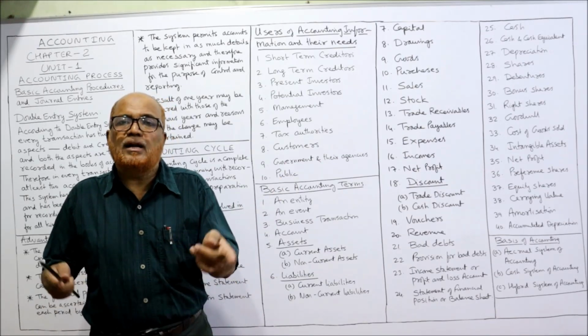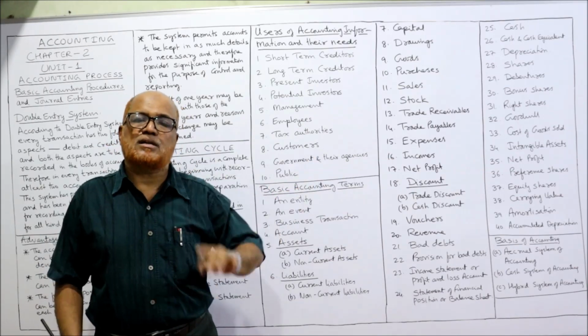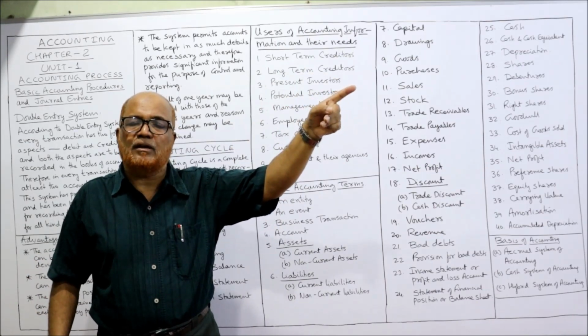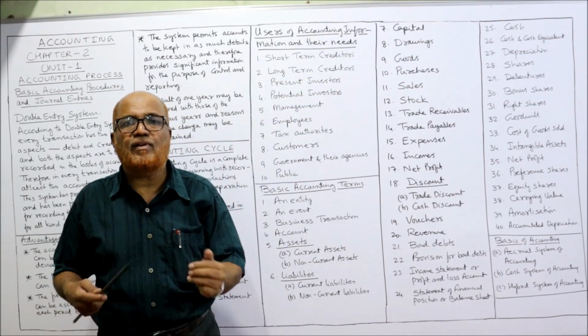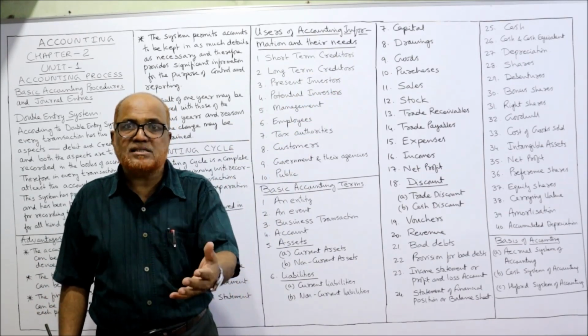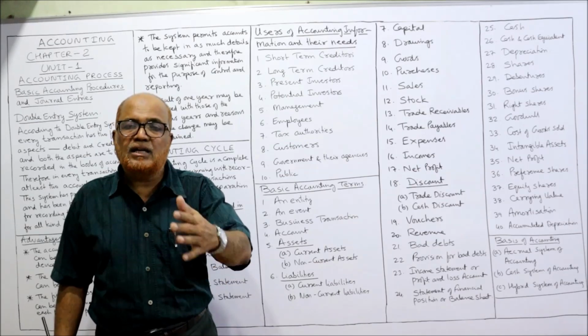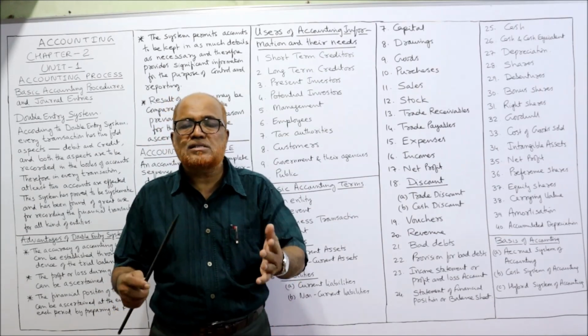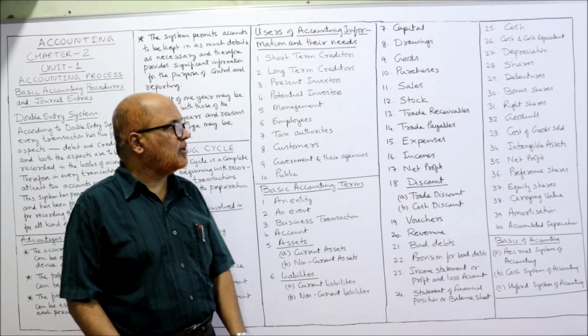Now ABC company depends on XYZ company. If something goes wrong in XYZ company, then ABC company will also suffer, because they want the continuity of supply of goods from XYZ company. In this way, the customers are also interested in the financial information.